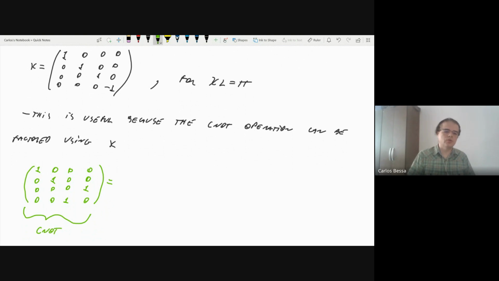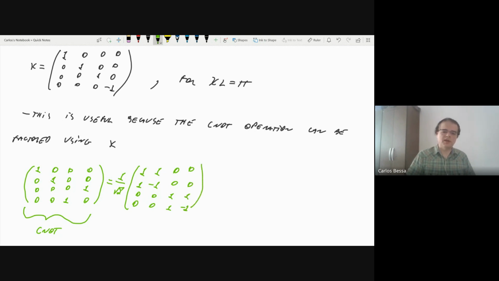And we could write this in this form: 1 over square root of 2, 1, 1, 0, 0, 1, minus 1, 0, 0, 0, 0, 1, 1, 0, 0, 1, minus 1.